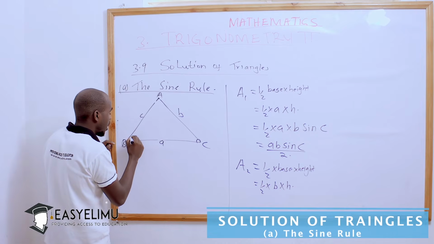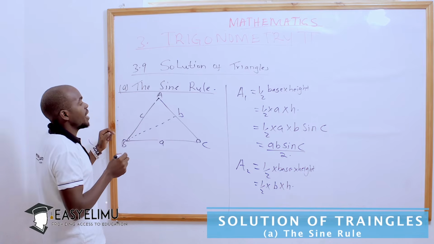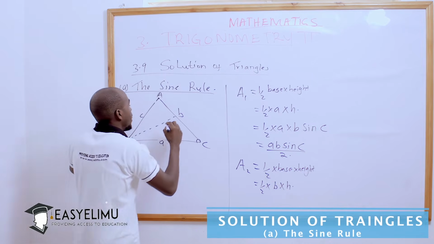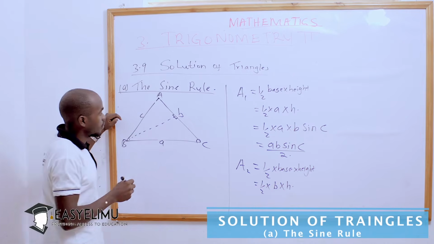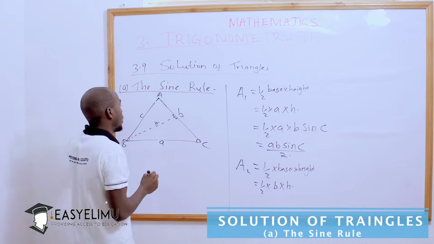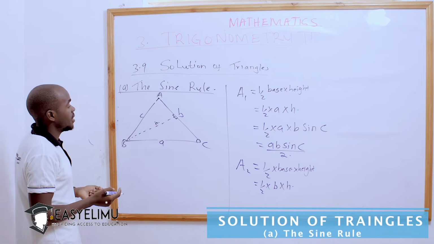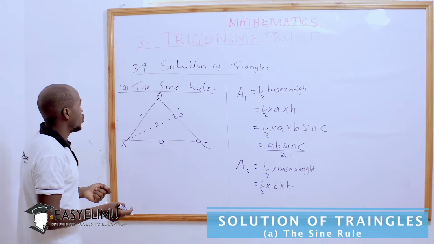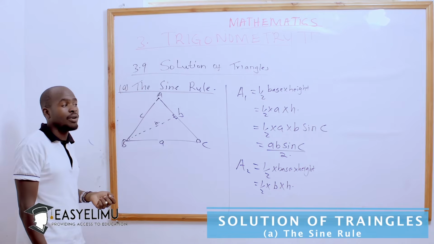If you construct a perpendicular to line AC, you will find that the height of that triangle can be calculated in different ways. You may decide to use A as our angle there.